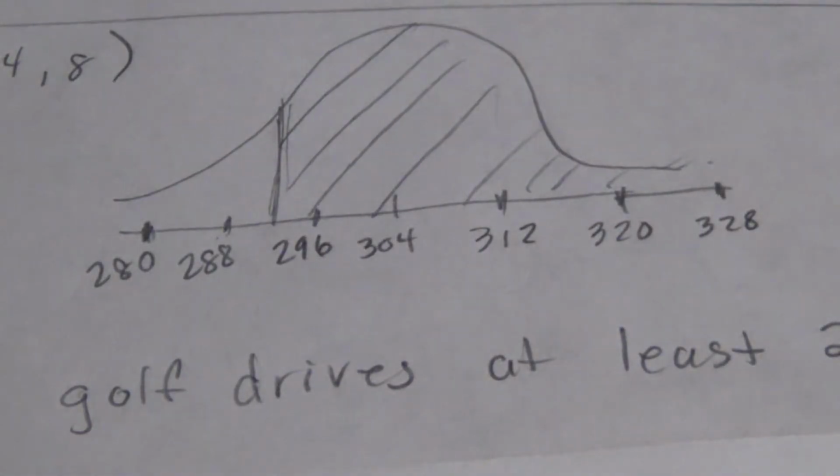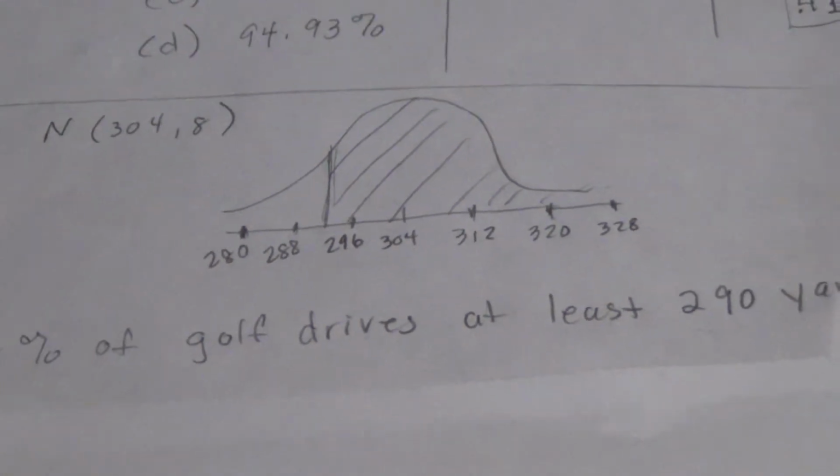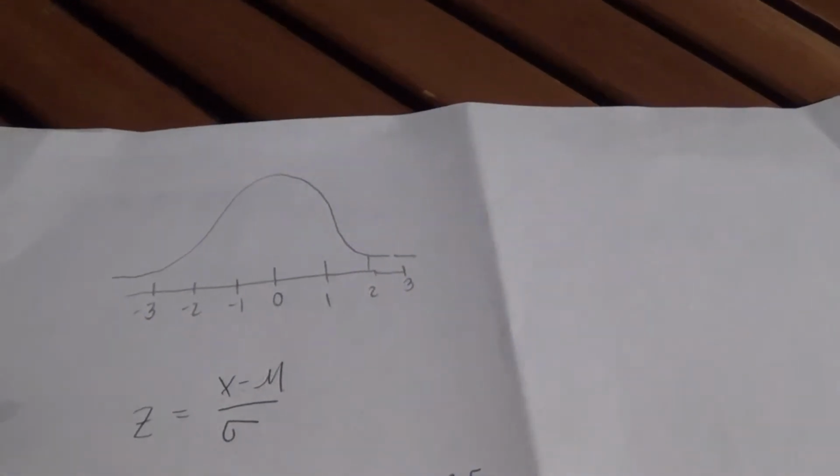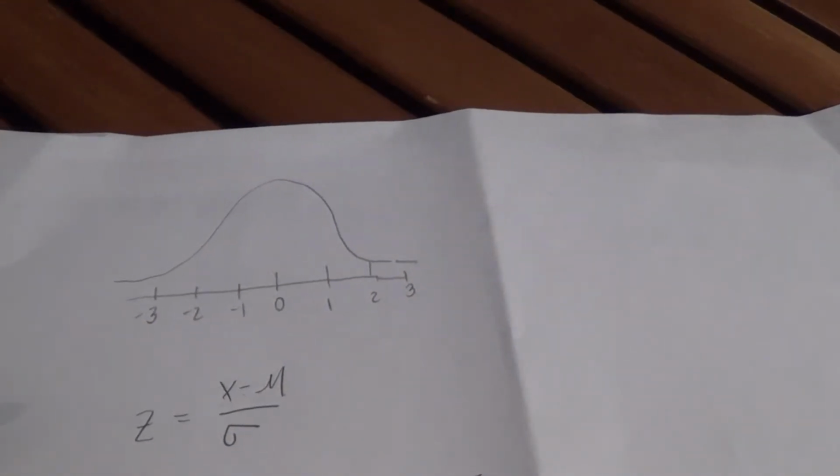So what we do is we standardize. Hopefully you were going to guess that because that's exactly what we do. We're going to take each value on that chart and subtract the mean and divide by the standard deviation.